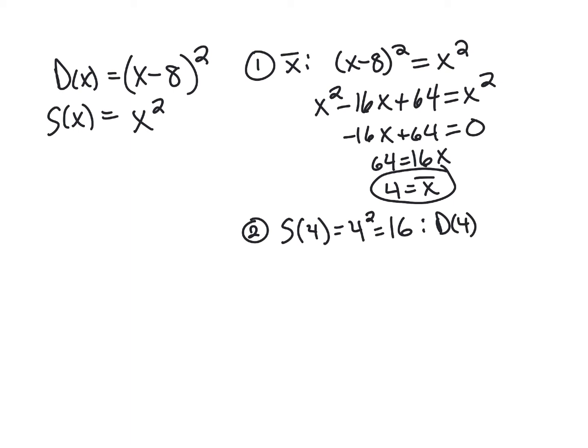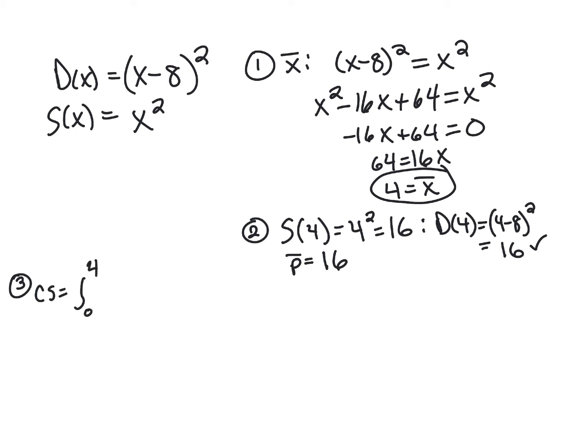I'm going to get 4 minus 8 squared, which is negative 4 squared, and that's 16. So P bar equals 16. Now, step 3, consumer surplus is the integral from 0 to x bar, which is 4.